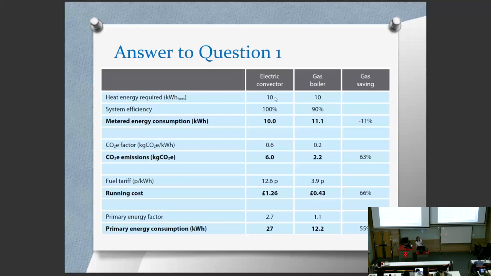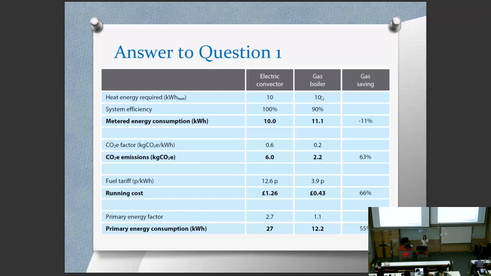So 10 divided by 100%, so the electricity consumption will be the same, 10 kilowatt hour. And for the gas boiler, the efficiency is 90%. So 10 divided by 90%, so we have 11.1. So we need to consume 11.1 kilowatt hour of energy by the natural gas in order to produce 10 kilowatt hour of heating energy.